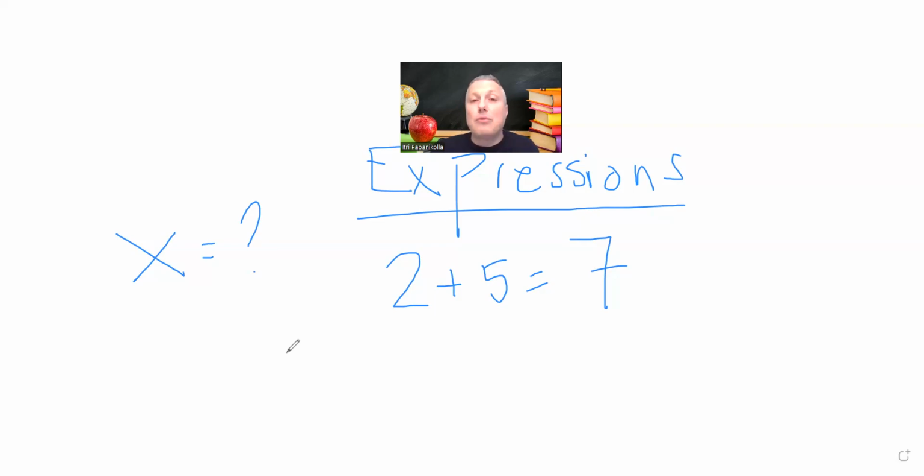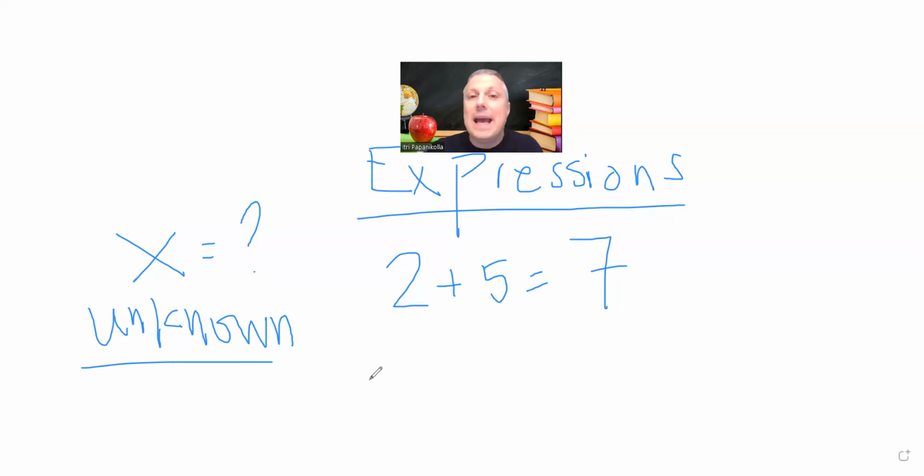But the reason why we utilize these letters is because we do not know the value for that number. So it's the unknown, it's the X. We don't know that, right? Just like the interest rates tomorrow, or the gas prices, or the temperature. There's a lot of things that we're not sure what the value will be, but we do know they're there.